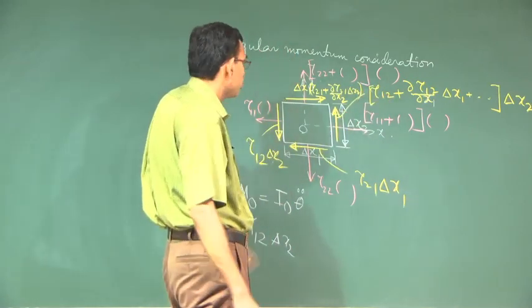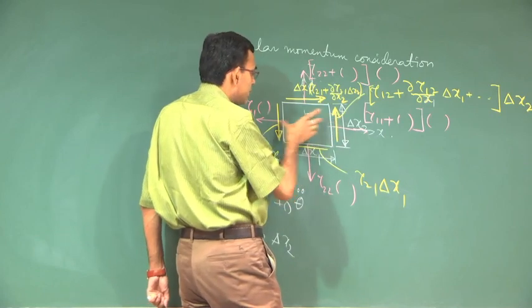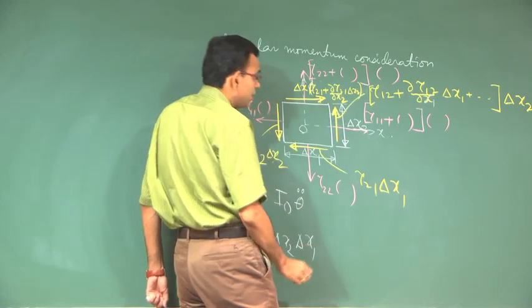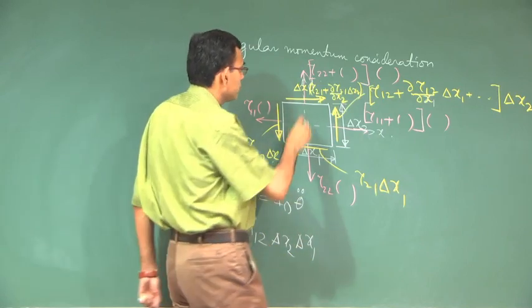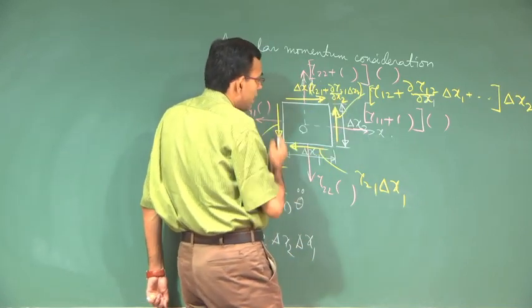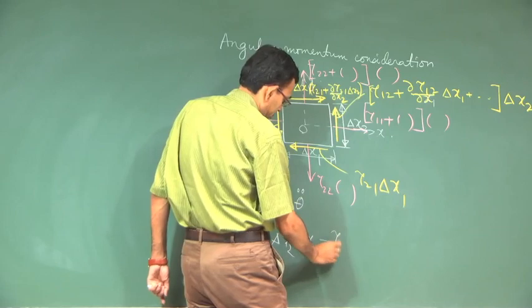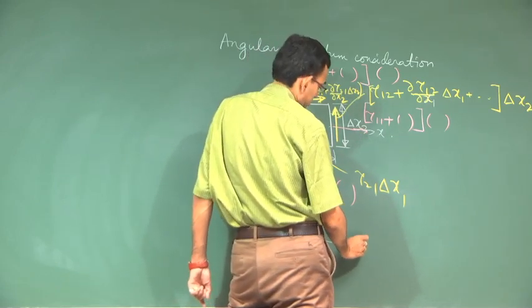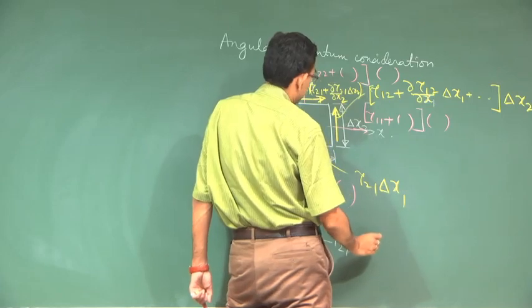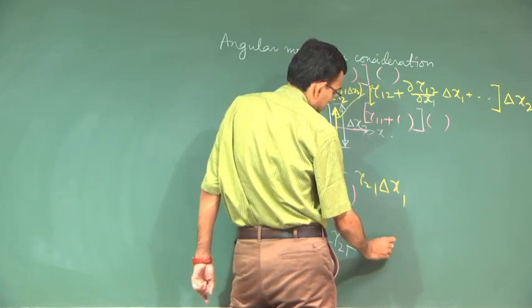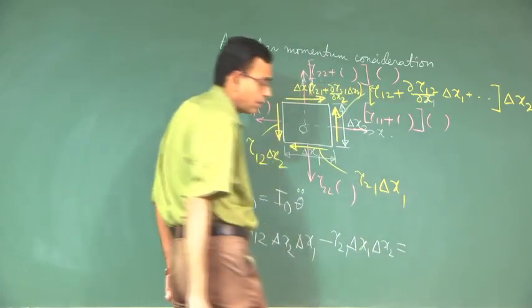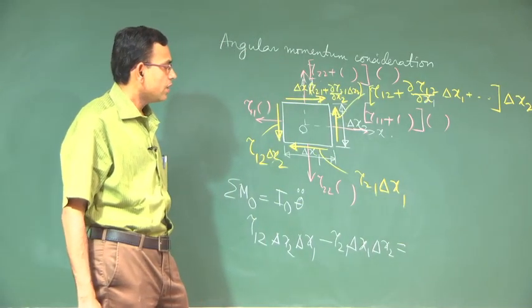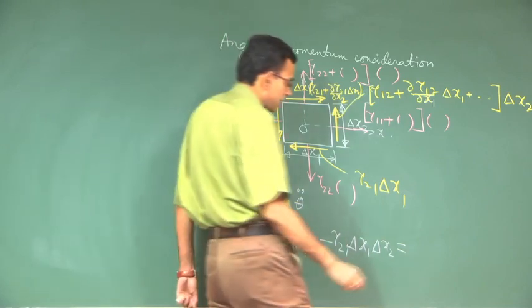So, tau 12 into delta x2 times the length of the moment arm, that is delta x1, this is anti-clockwise, minus this is clockwise, and this is equal to the moment of inertia times the angular acceleration.